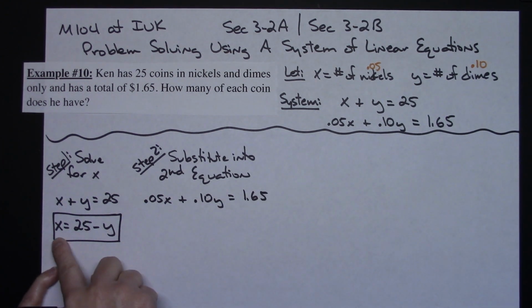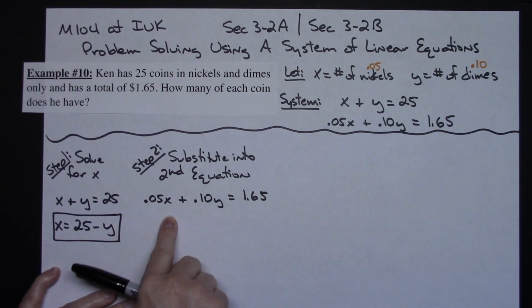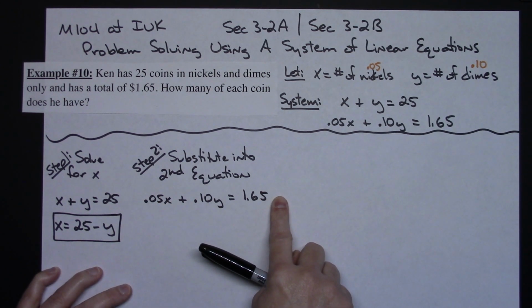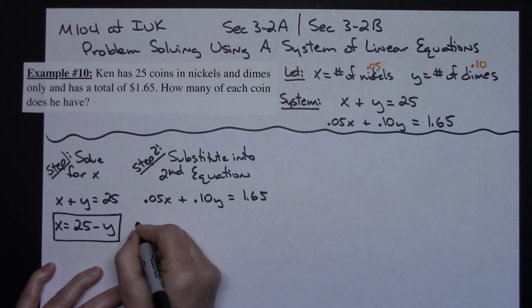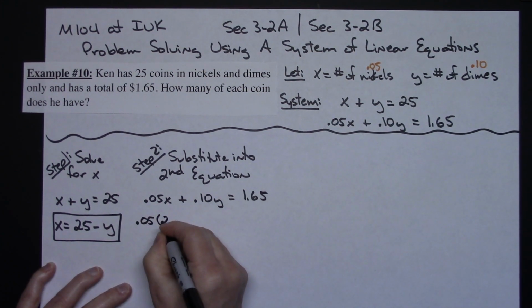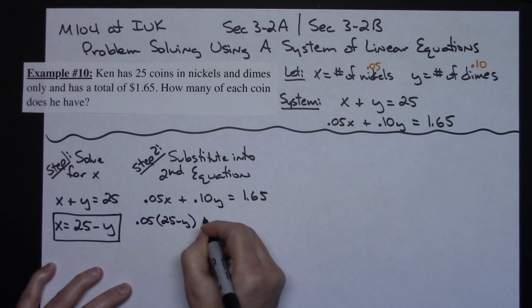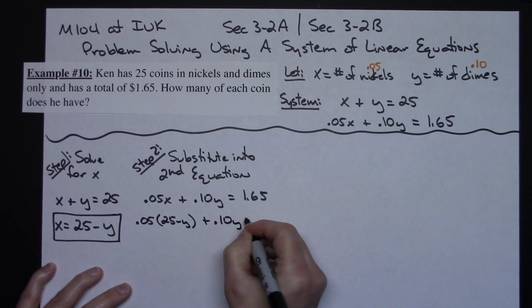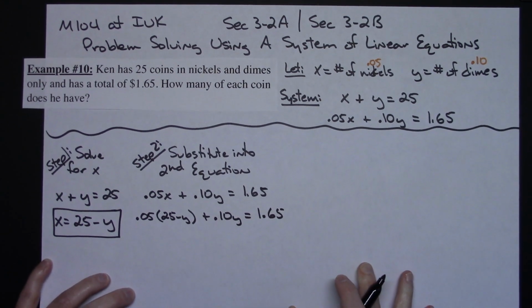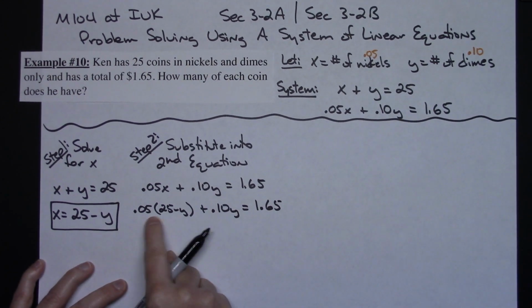Okay, now I'm going to take this 25 minus y and substitute it in for x, so that I have an equation completely written in y and I can solve for y. So I'm going to have 0.05, replace the x with what it equals, 25 minus y, plus 0.10y is equal to $1.65.